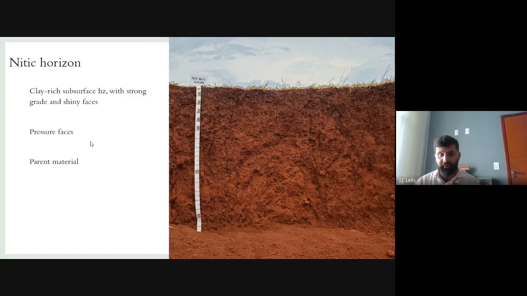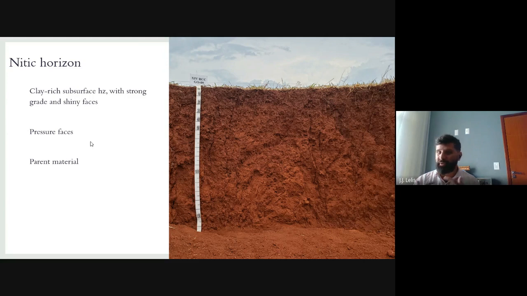On the other hand, we can't see a nitic horizon formed by the weathering of a sandstone or granite, materials that can't produce clayey horizons, or could produce a lot of sand.